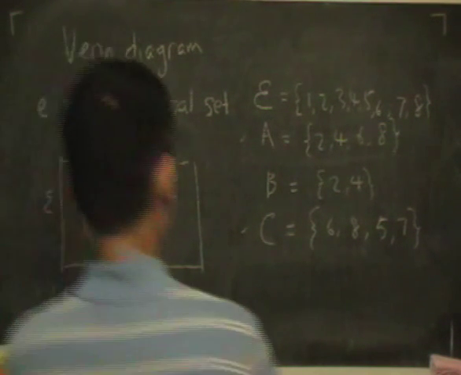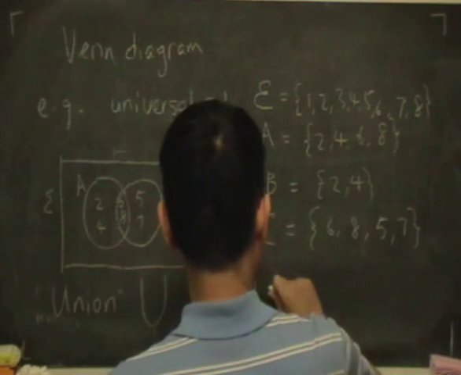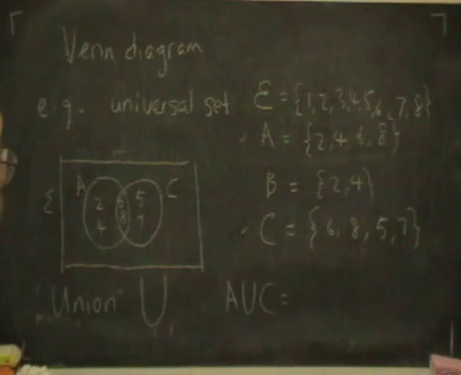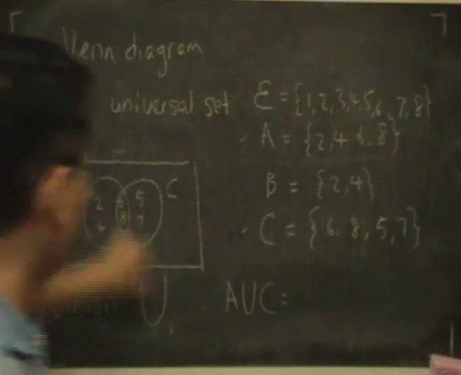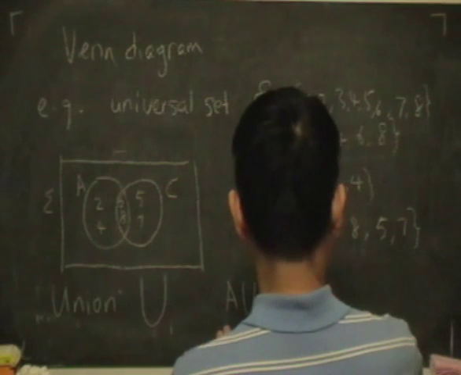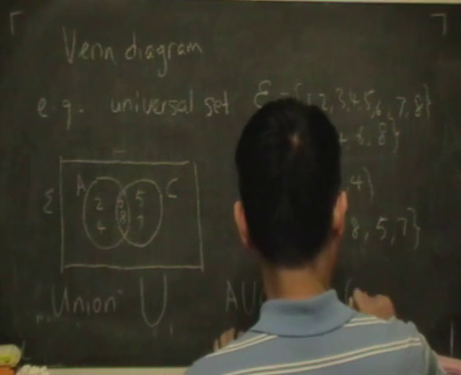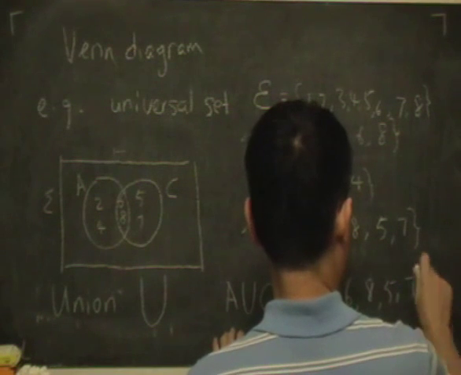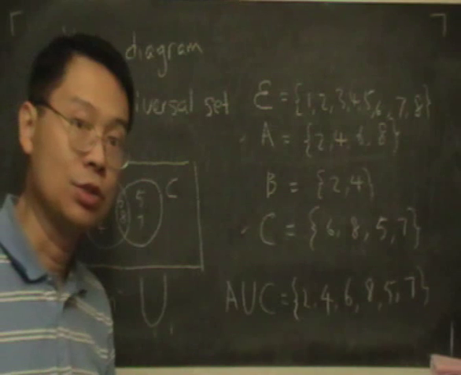So if I write A union C, that would include all the elements. So it would include 2, 4, 6, 8, 5, 7. That's union.